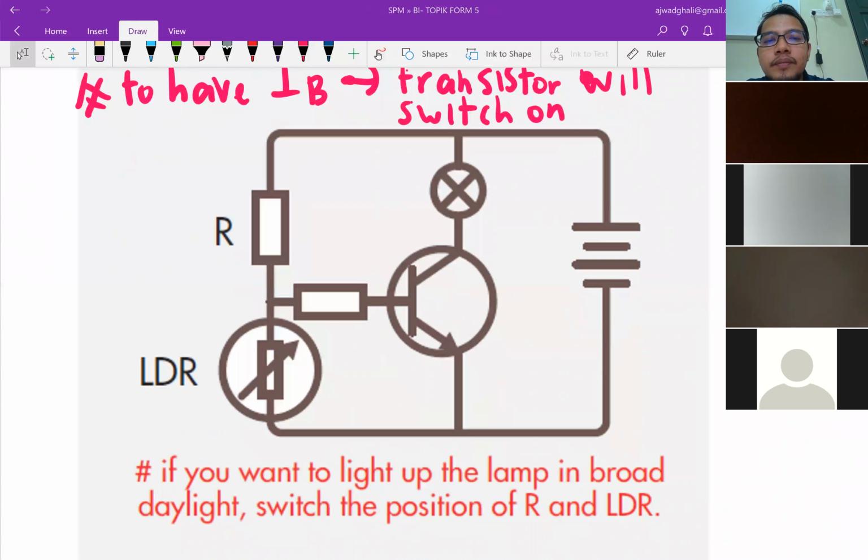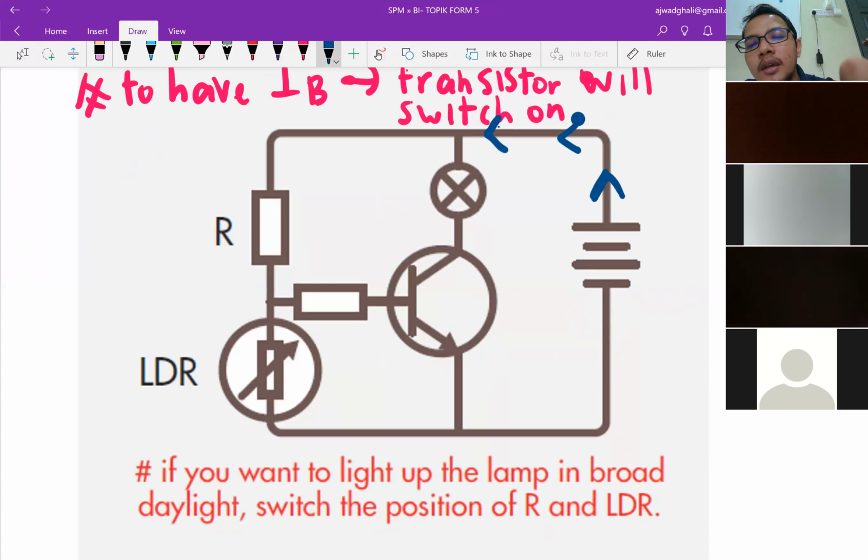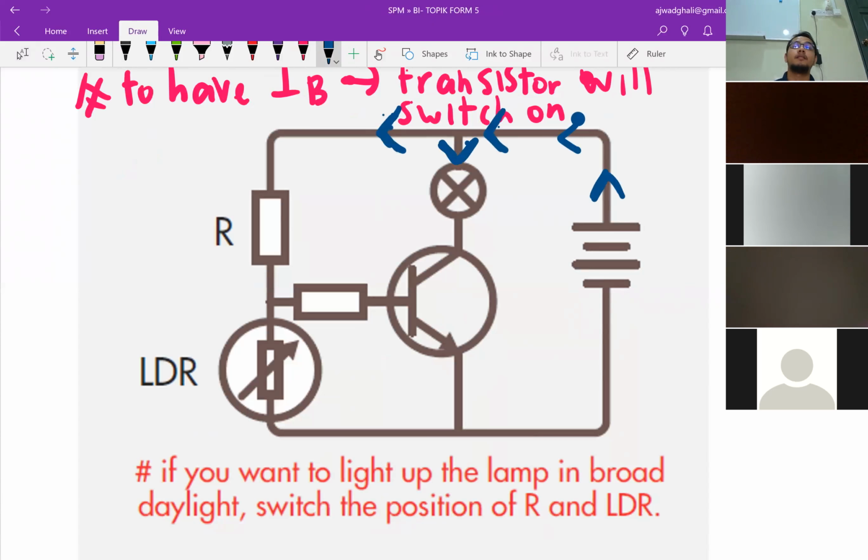So if you see here, current flows from the top, to here, to here. And if you learn electricity, when there are two ways the current can pass through, they will go here and go here. But even though the current can flow through, the bulb still does not light up, because the circuit will not be complete if the transistor is off.